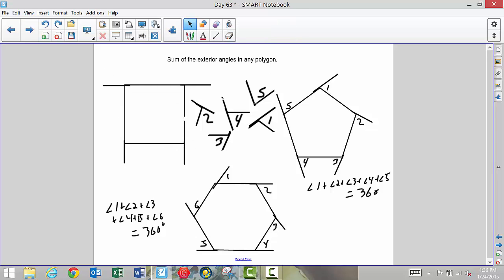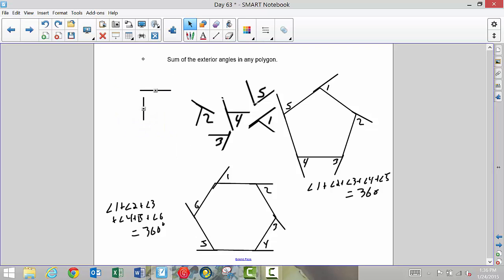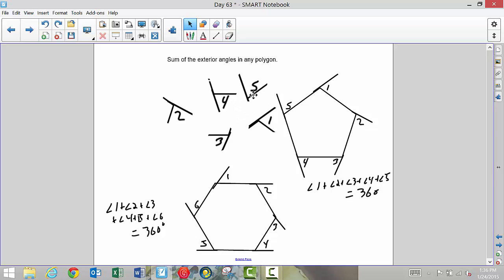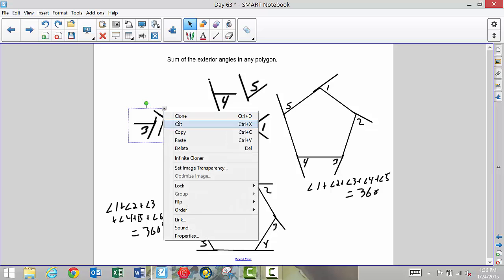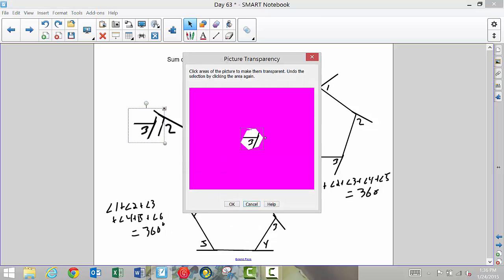Let me get rid of this square, or I should say quadrilateral. So I have all these angles, so I can actually make a circle out of all 5. So if I take angle 1 and 2, let's make this transparent.